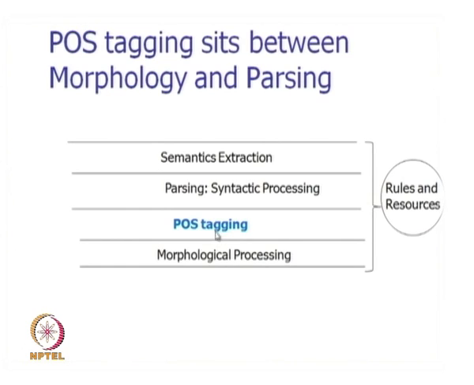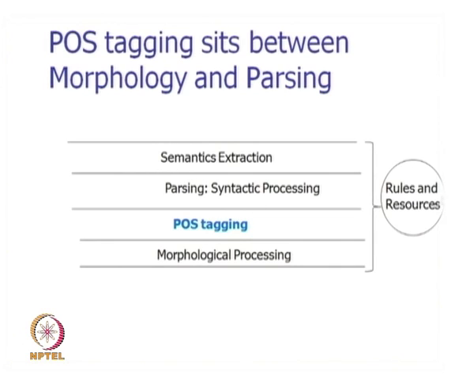This has a very well defined task to do, namely identifying the grammatical category. And the only information it can use is the lower level information of morphological processing. It cannot make use of any parsing information, nor can it make use of any semantics extraction. That is because the processing of semantics and parsing comes later.